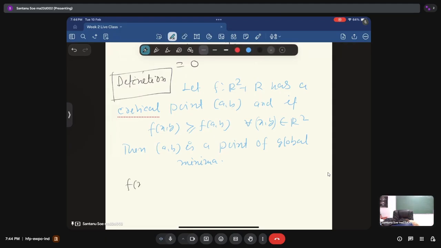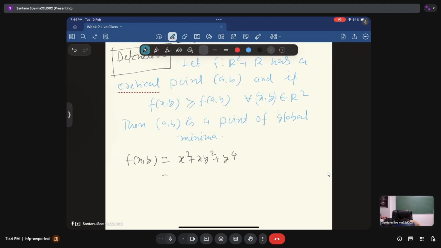So f(x, y) was x square plus x y square plus y to the power 4. So this can be written as x square plus 2 times x times half y square, minus half times y to the power 4 plus half times y to the power 4 plus y to the power 4.